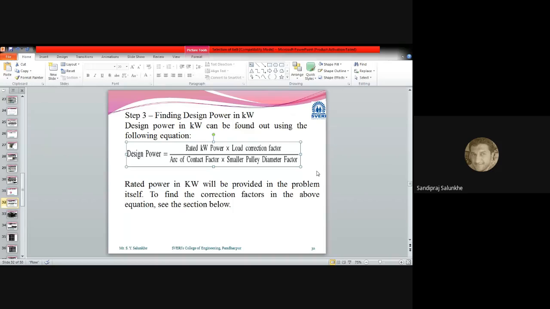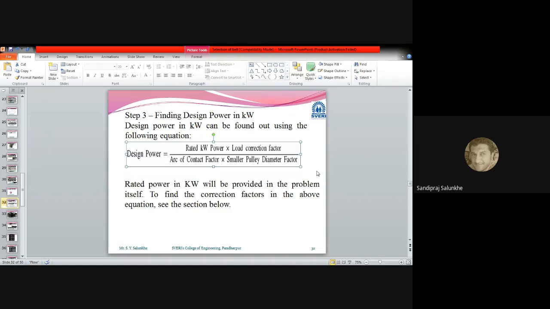And so we say that there is a load correction factor, and that depends upon where you are going to apply this belt drive. That depends upon the application of the belt drive. So the load correction factor is taken from the application of the belt. Next, arc of contact factor.